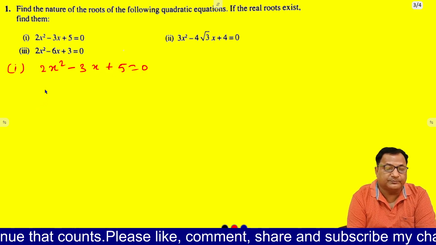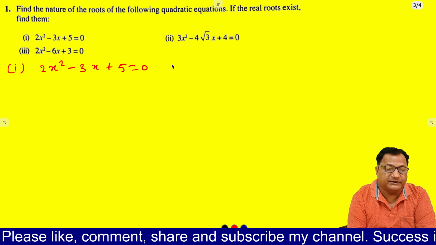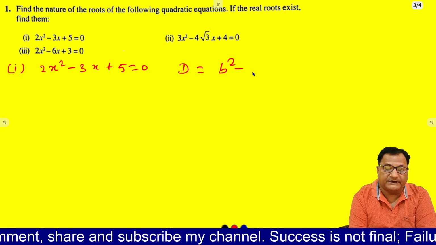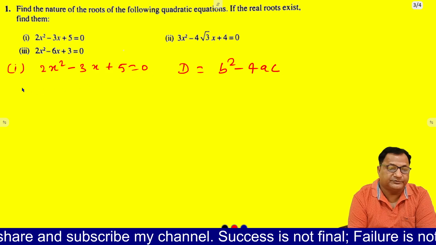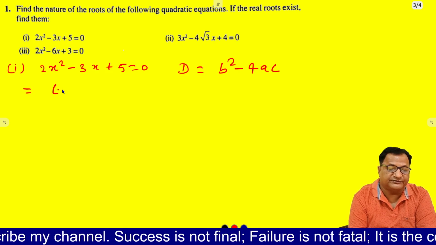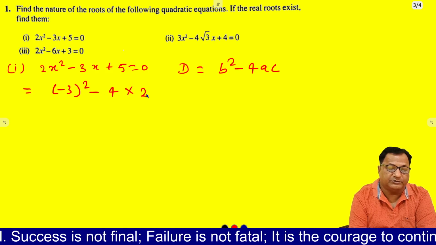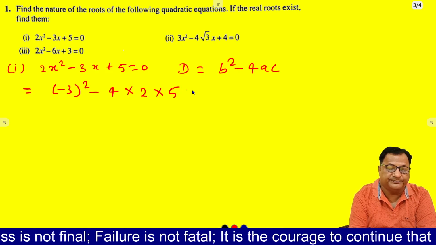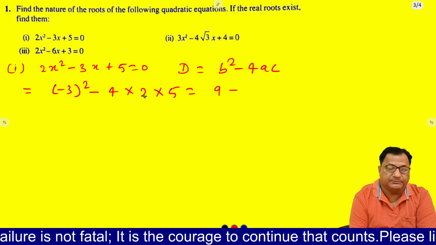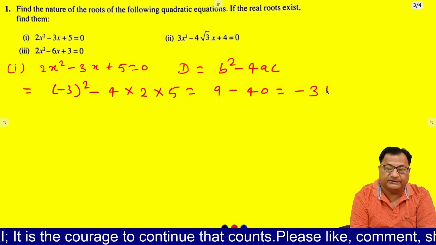For this we will have to find the discriminant. Discriminant is equal to b square minus 4ac. So here b is minus 3, so minus 3 square minus 4 into a, 2, into c, 5, is equal to 9 minus 40, which is equal to minus 31.